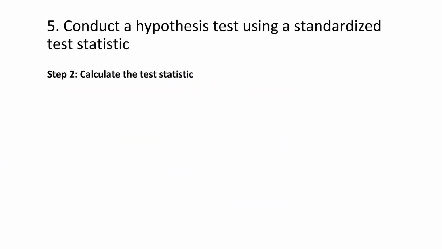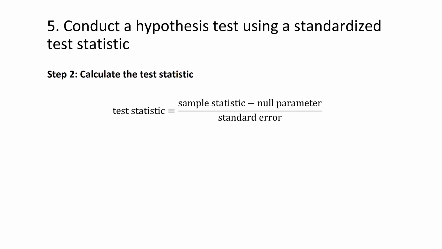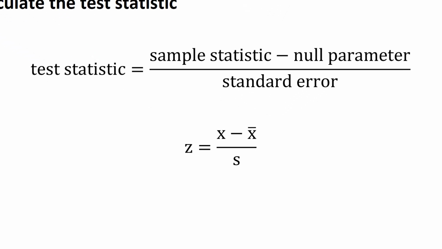Step 2, calculate the test statistic. This is the general form of a test statistic. This will work with all of the parameters that we've covered so far: a single proportion, difference between two proportions, single mean, difference in two means, correlation, and simple linear regression slope. We can compare this formula to the formula for a z-score that we reviewed earlier.